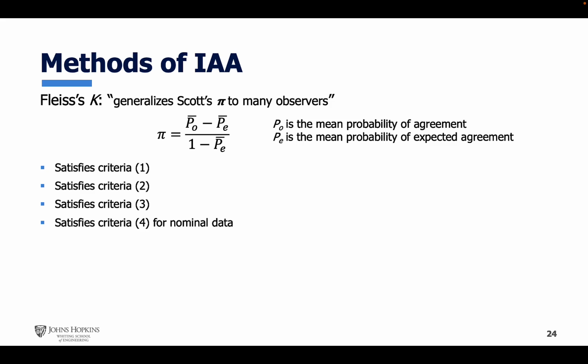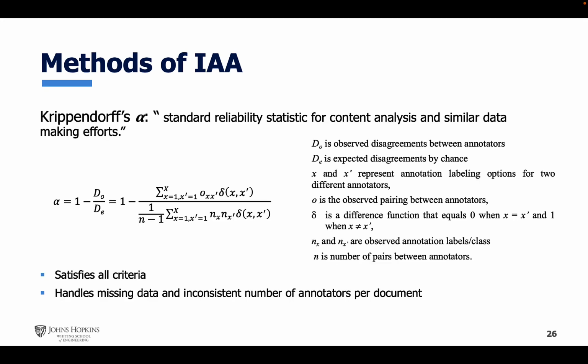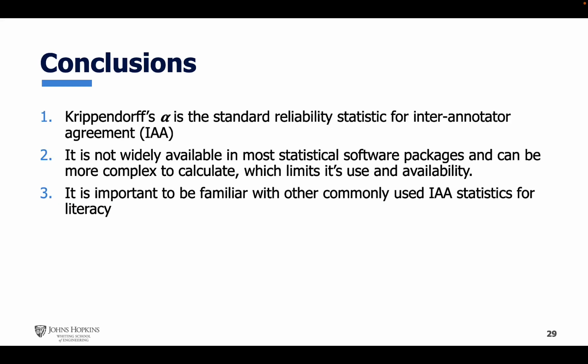It allows me to explain the concept better than Krippendorf's alpha, which is, I think you would agree, even as a computer scientist, a much more complicated equation and takes a lot more to gain acceptance. So from an explainability perspective, I chose to use Fleiss Kappa over Krippendorf's alpha.